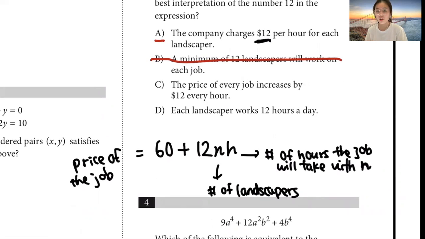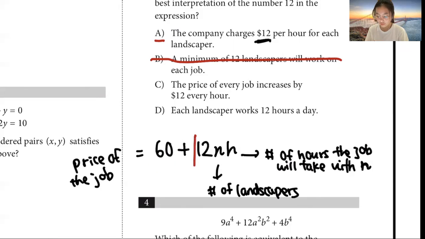C: The price of every job increases by 12 hours, I'm sorry, dollars every hour. It does mention the price of every job, but it's not going to be fixed to $12 every hour. So we know that 60 is a fixed cost, right?